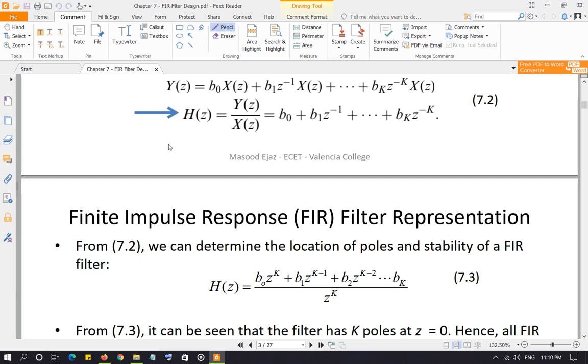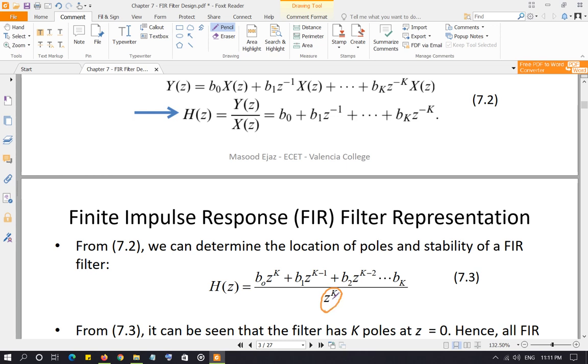So if the Z transform transfer function is given to you, then to identify if it is an FIR filter or IIR filter from the transfer function equation, you only have to look at the denominator. All of the poles are at Z equal to 0.